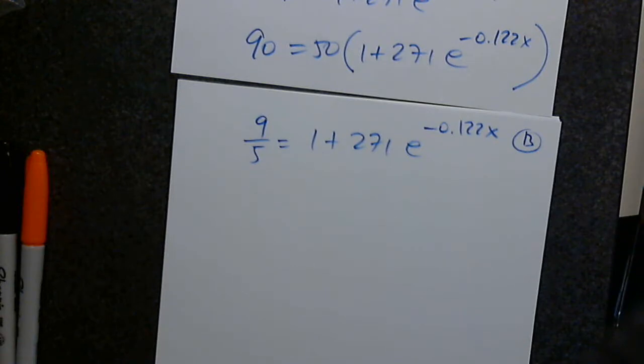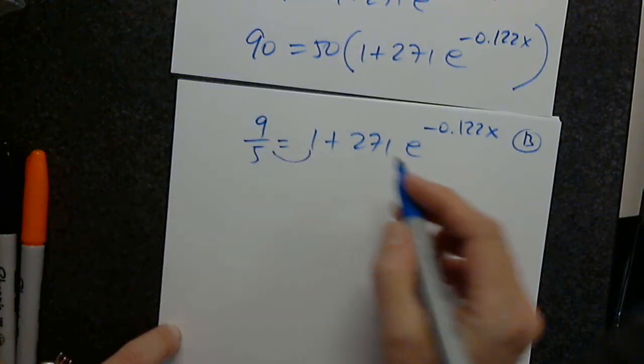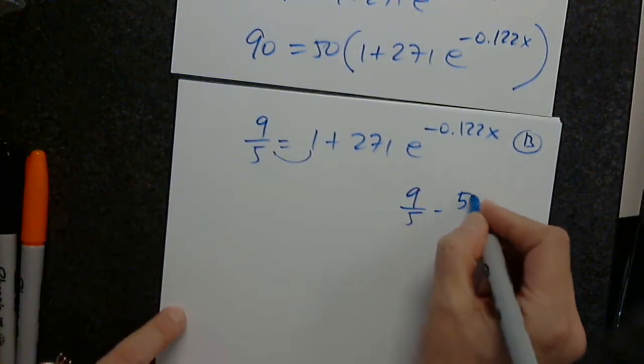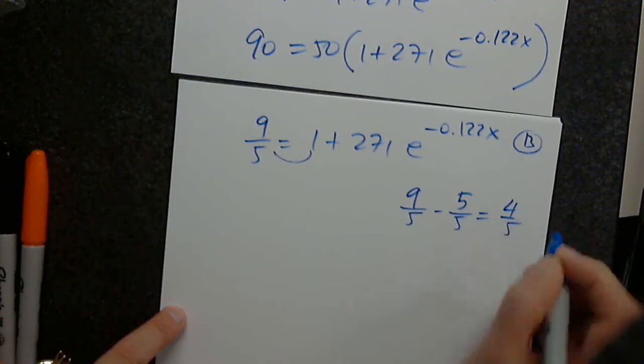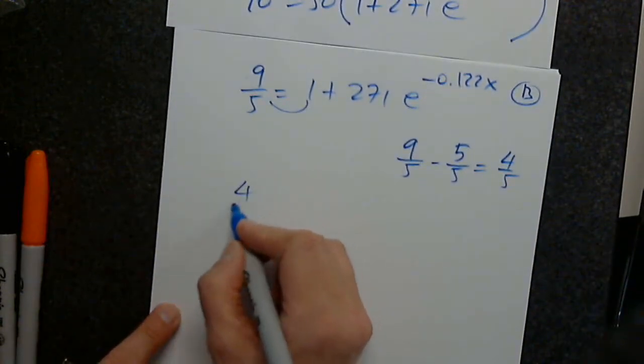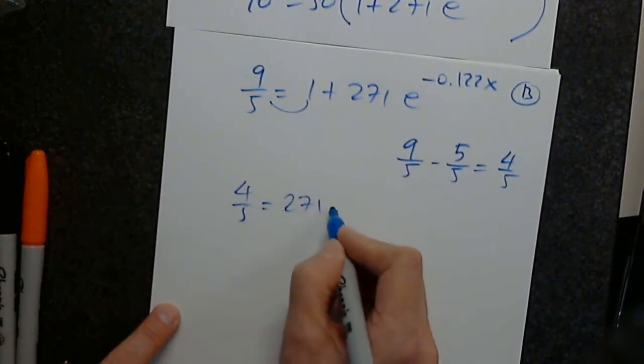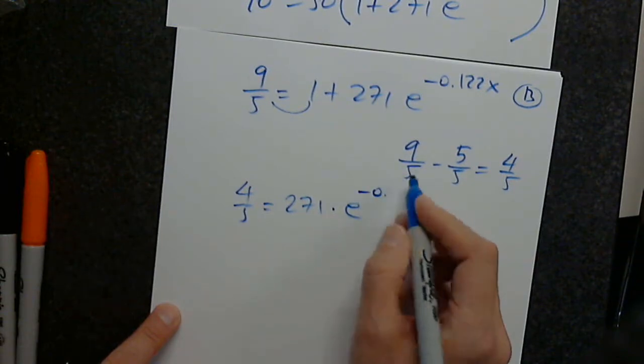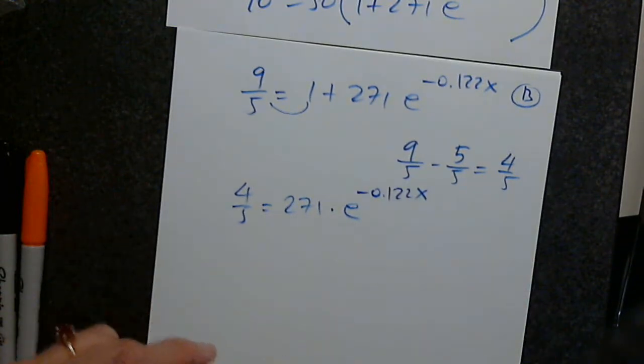Now, what am I getting rid of? Exactly, the 1 indeed. So I have to move 1 to the other side, and 9/5 minus 5/5 is 4/5. So the left-hand side is 4/5, the right-hand side is 271 times e to negative 0.122x. Remember, you cannot add 1 to 271. Why? Because 271 is multiplied by e.